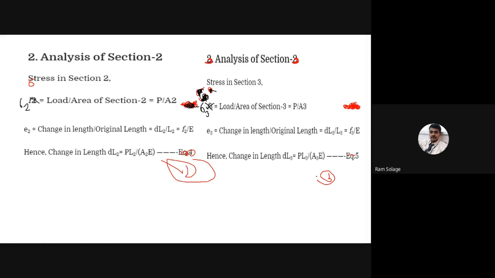Equation 1 for delta L1, equation 2 for delta L2, and equation 3 for delta L3. That is the change in length for section 1, change in length for section 2, and change in length for section 3. Any problem? Please ask me.